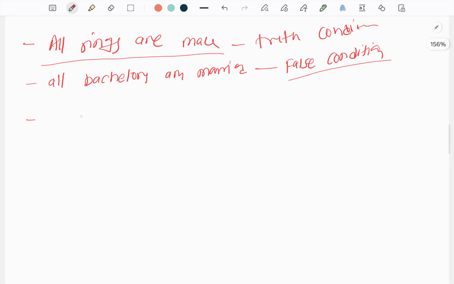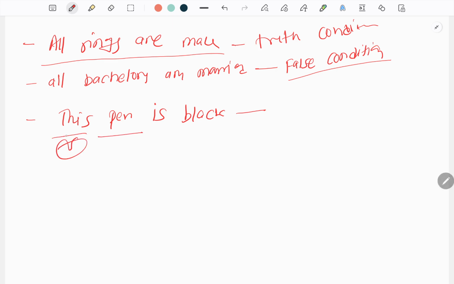If I say "this pen is black," then grammatically this sentence is correct because this is the subject, this is the helping verb or auxiliary verb, and this is the object.